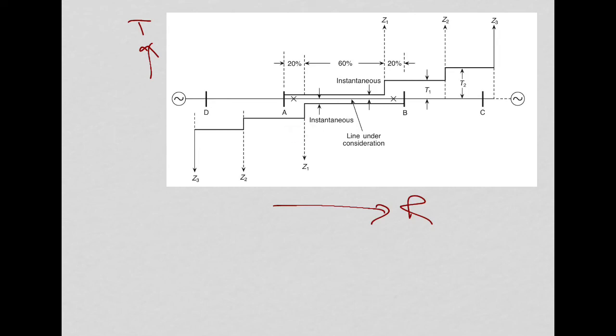Thus, if we somehow convey the information that the fault is within the protected zone to the far end, then the tripping from the remote end need not wait till the time t1 of the second step. So what information do we have to convey?